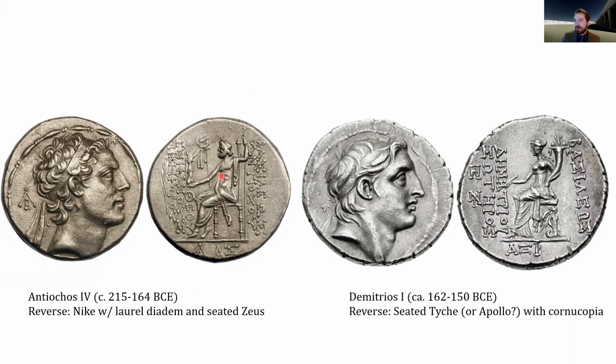And on the reverse, we have Zeus seated with Tuke or Nike, crowning him with this laurel diadem. We have that very standard iconography of Zeus. And on this side, we have Tuke or Apollo. This could in fact be Apollo, seated with an arrow or a scribe, and with the cornucopia.